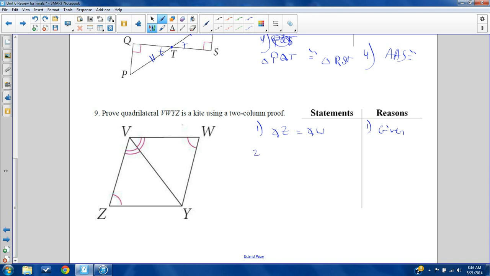I also know that angle ZVY is congruent to angle WVY. Reflexive property here, VY is congruent to itself.